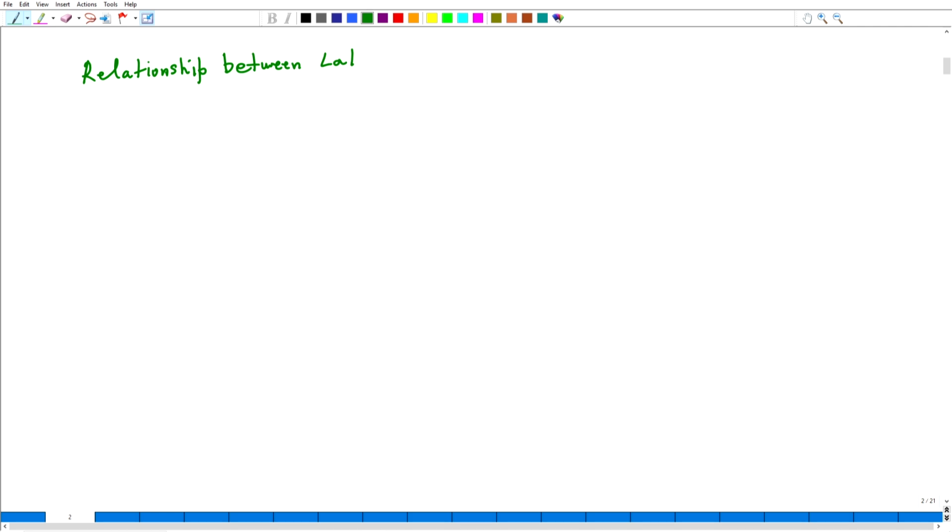Between lattice and crystal. So, let us try to understand this.